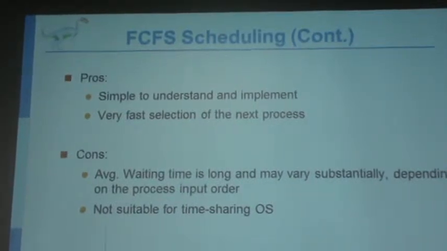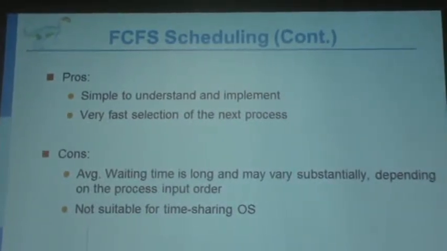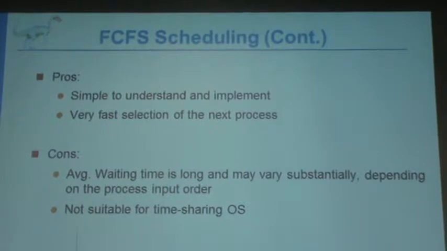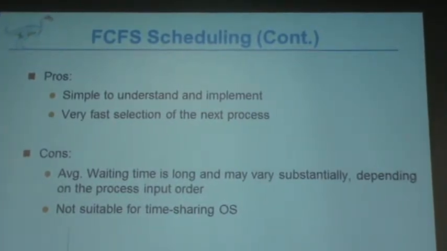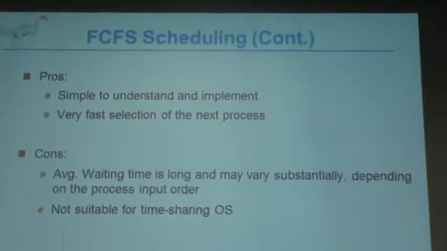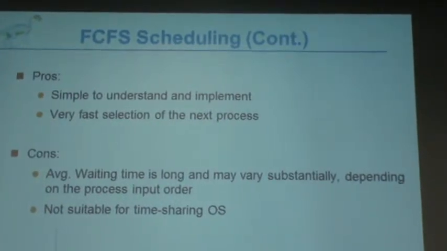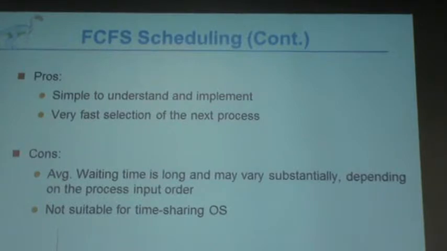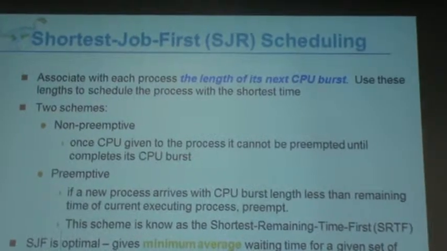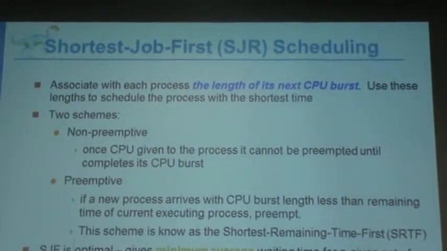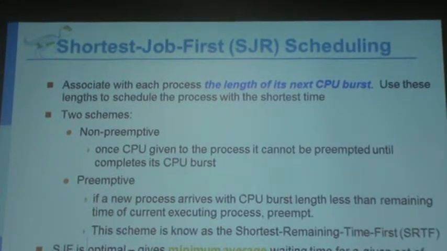Also, it doesn't require a lot of context switches. Once it's started, it will be completed. The problem is that it has a longer waiting time in case a long process is running. So we need to address that problem using the next algorithm, the shortest job first, SJF, scheduling algorithm.